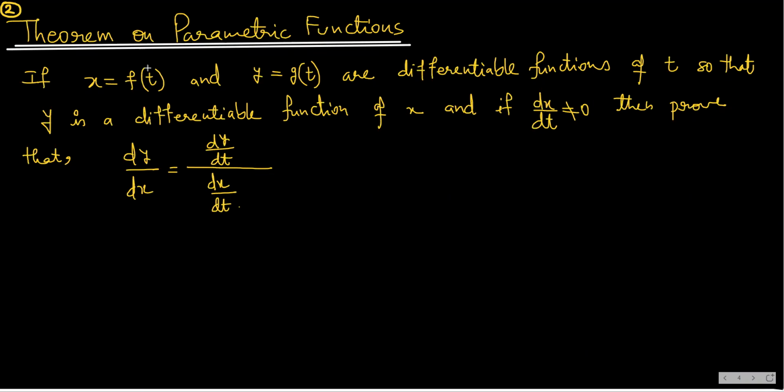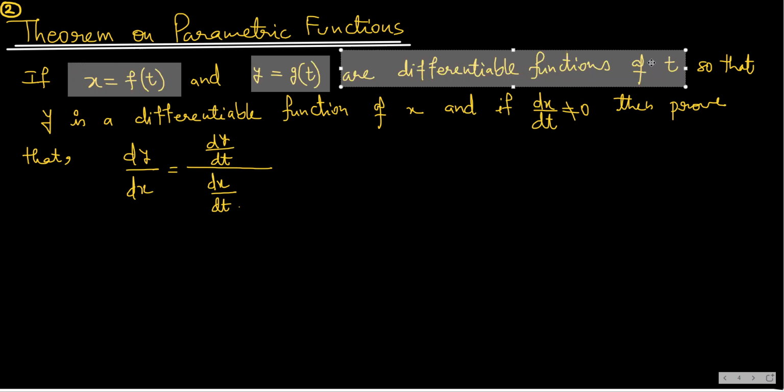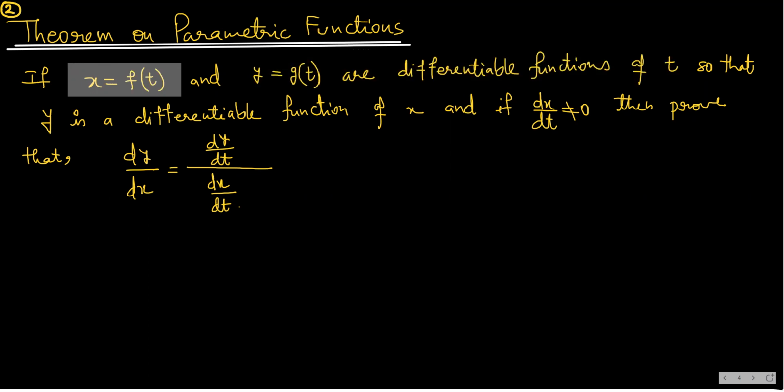The statement says, if x equals f of t and y equals g of t, both are differentiable functions of t, that means you can differentiate x with respect to t. It means you can obtain d by dt of x.